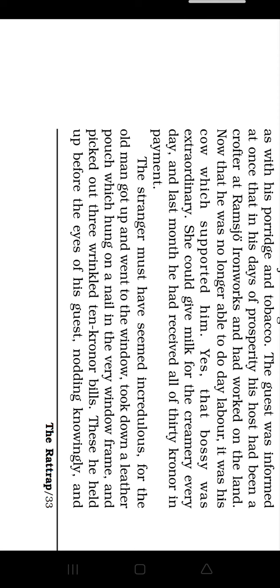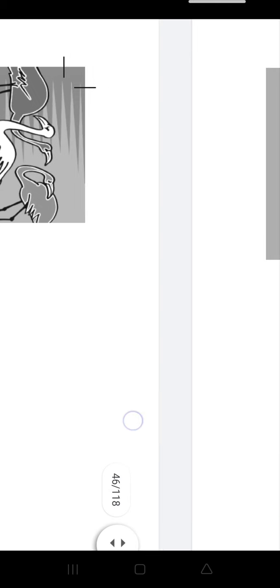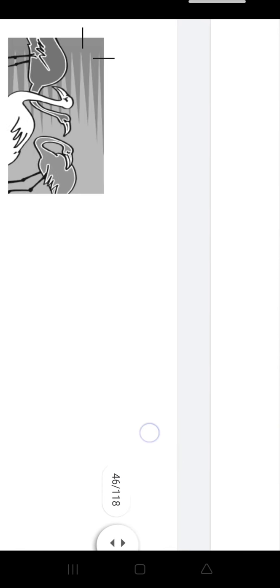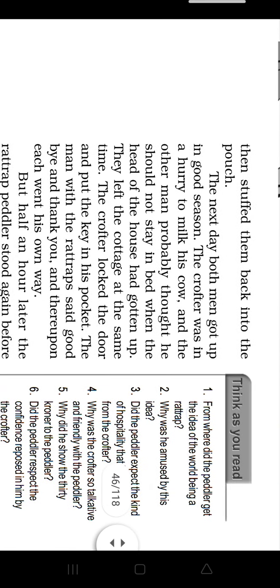So the rat trap peddler might have given the expression that he was not believing what the crofter was saying about the money. So the crofter, to prove that he was telling the truth, showed the peddler the money. These he held up before the eyes of his guest, nodding knowingly, and then stuffed them back into the pouch. So he put the money back where it was.